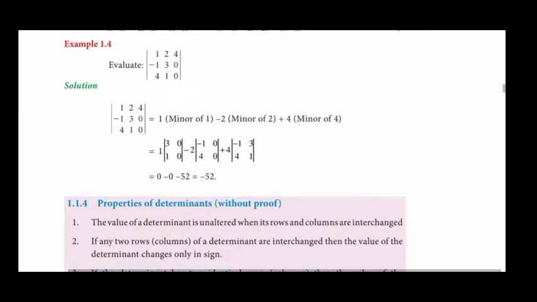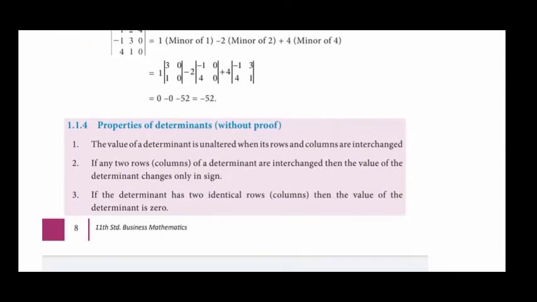So 1 into minor of 1 and minus 2 into minor of 2 plus 4 into minor of 3. After finding the minor, we are finding the value as minus 52. We may say it as the determinant of A if you take the question as A. Therefore the determinant of A equals minus 52.